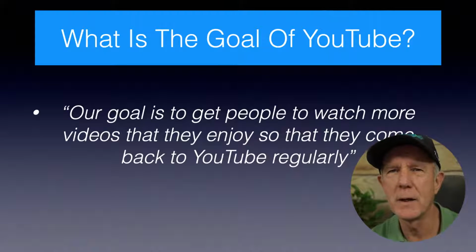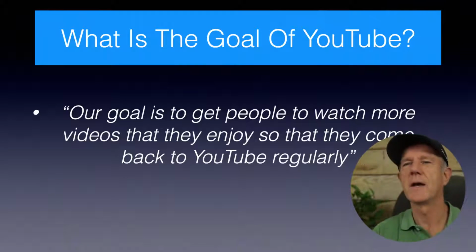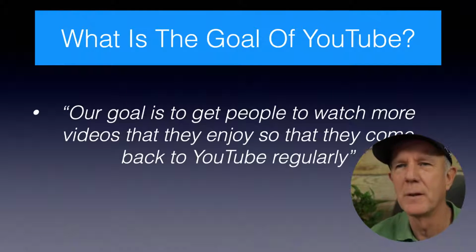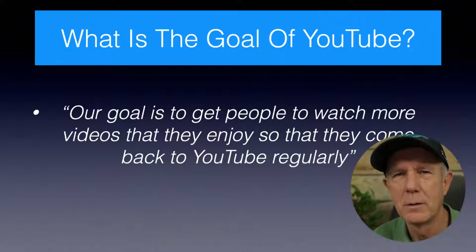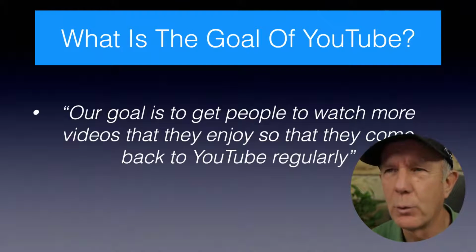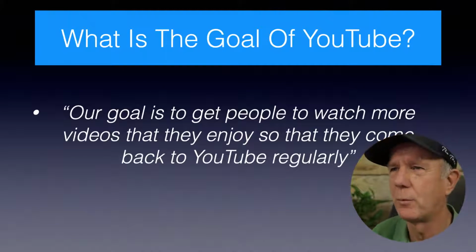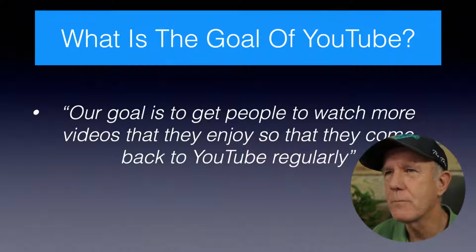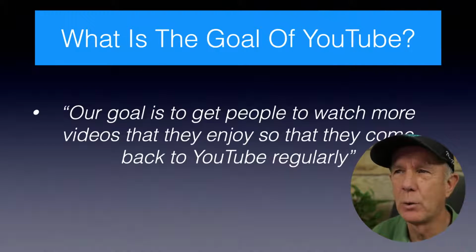And if they do that, this triggers the algorithm to recommend your videos to a wider audience, and then they keep coming back for more. So that's the goal of suggested videos.